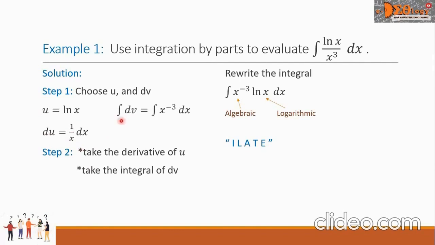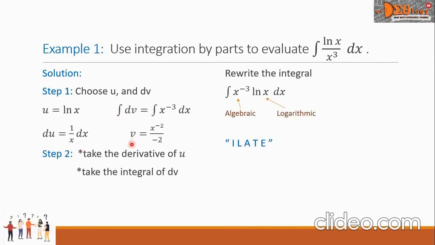So we will have the integral of dv as v equals the integral of this x raised to negative 3 dx. Using our power rule, we have x raised to negative 2 over negative 2. Then we can simplify this fraction into negative of 1 over 2x squared.